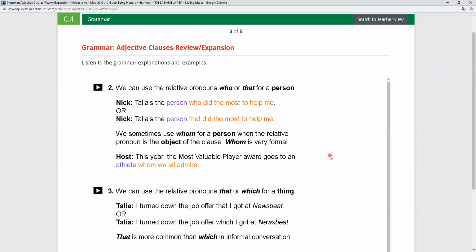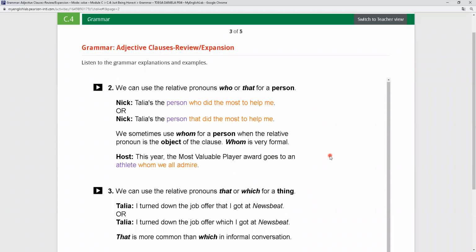Sometimes we get confused with who and whom. There is a trick: if you can replace the word with he or she, you have to use who, right? And if you can replace it with him or her, you have to use whom. Okay, that's a simple trick that is gonna help.